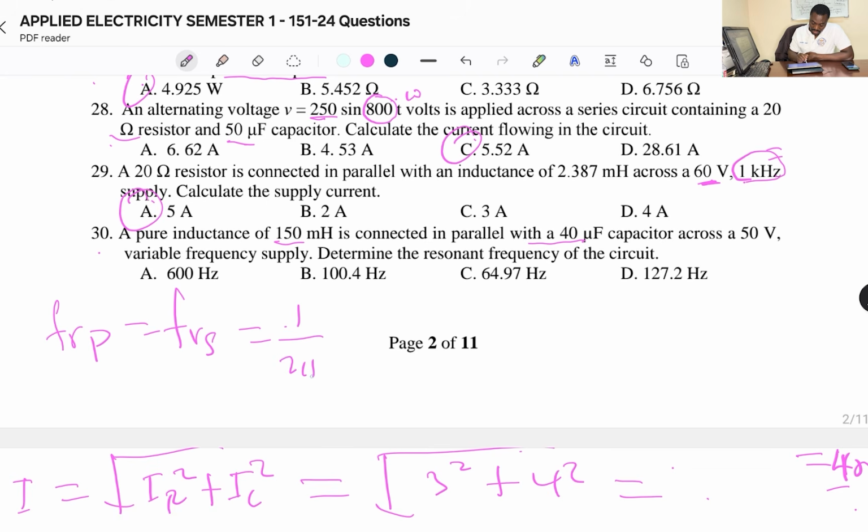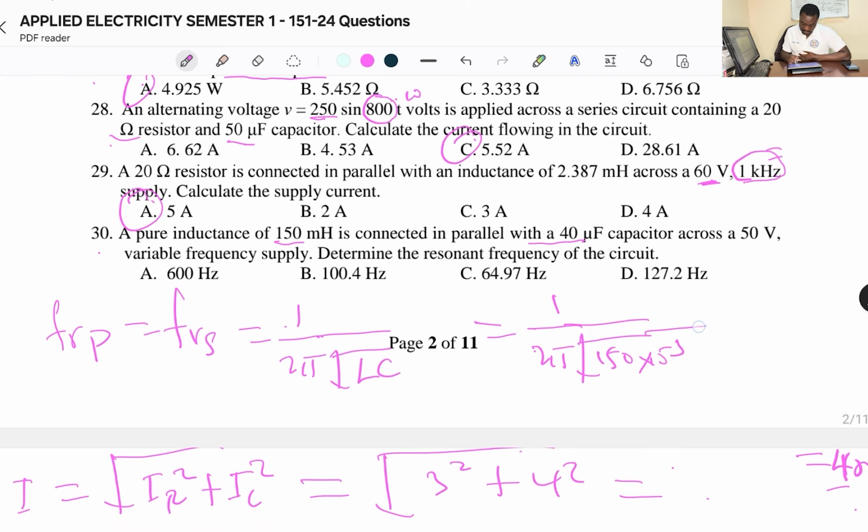1 over 2 pi times the square root of LC, right? So we have 1 over 2 pi times the square root of the inductance, which is 150 milli, and then the capacitance, 40 micro, meaning 40 times 10 to the power minus 6.